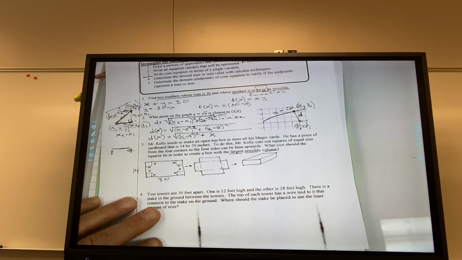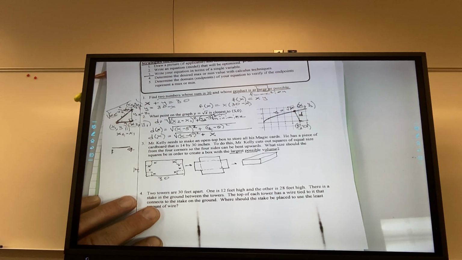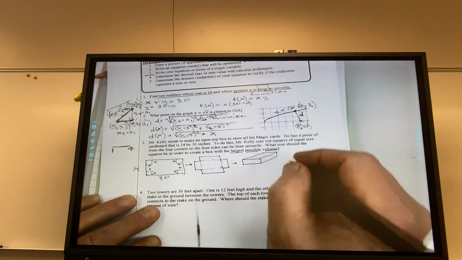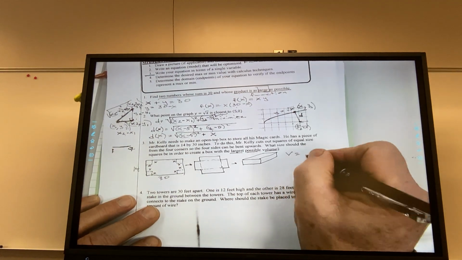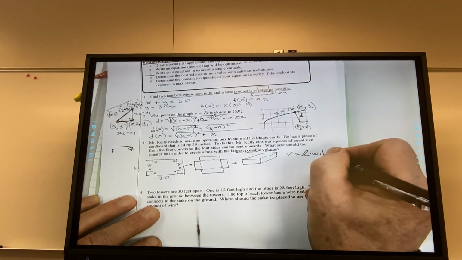Again, you probably haven't talked about volume since you were in geometry, maybe 8th or 9th grade. But unfortunately, you're required in the class to know how to figure out the volume of a rectangular prism. Length times width times height.